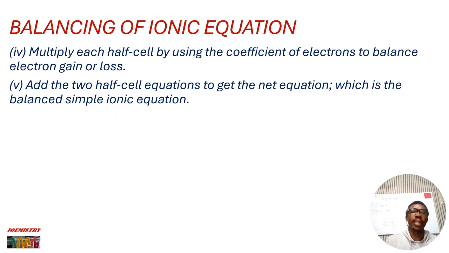Then you multiply each half cell, the reduction half cell and the oxidation half cell, by using the coefficient of electrons to balance electron gain or electron loss. Then the final step is to add the two half cell equations to get the net equation, which is the balanced simple ionic equation.